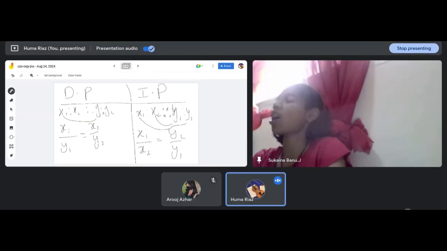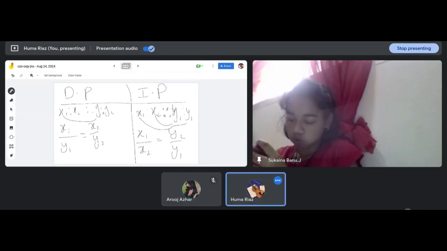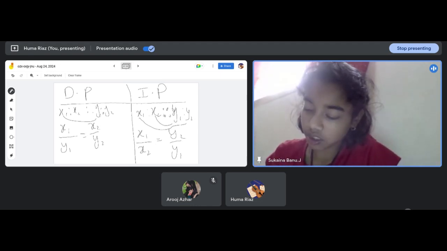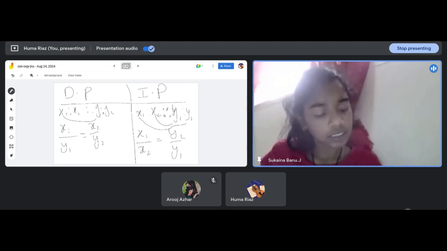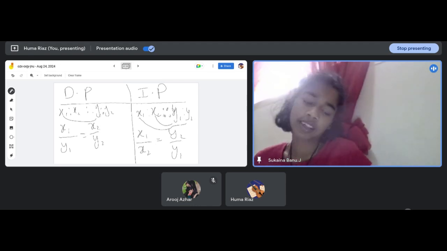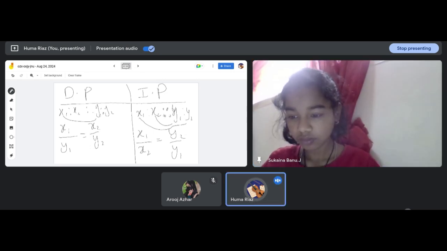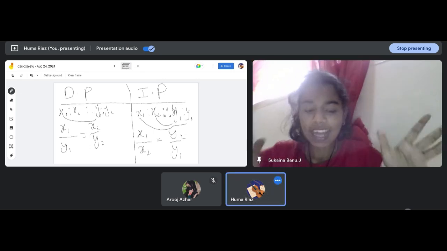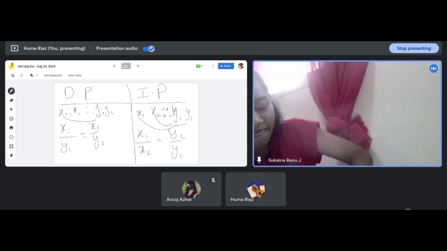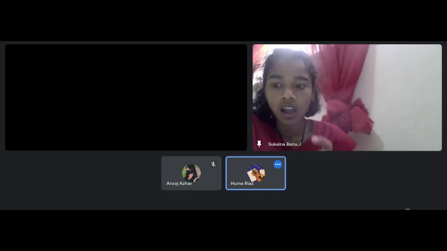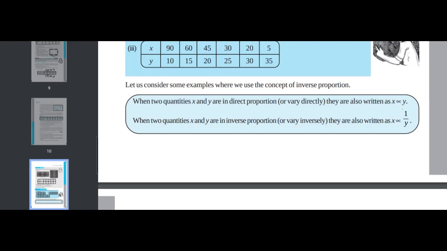So we learned about exercise 3.1, where we learned how to solve the problem. This exercise is about which proportionality? Direct proportionality. In direct proportionality, what is the formula? x1 over y1 equals x2 over y2. Very good.